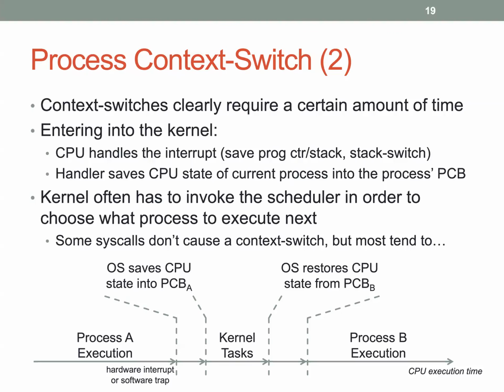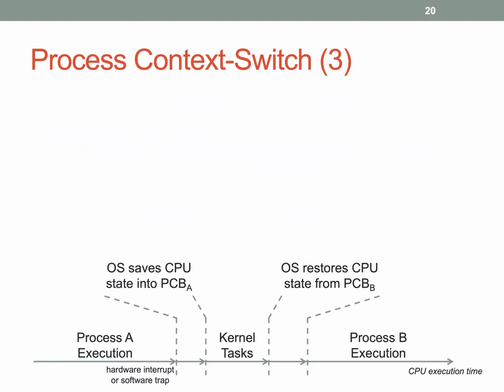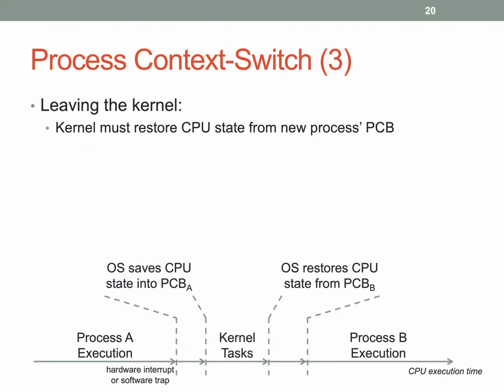And so we've already identified a few things that take time. Then when we get out of the kernel, we have to restore the CPU state. And of course, the CPU does work on the IRET that goes back to whatever program is being resumed. So that also takes up some time.